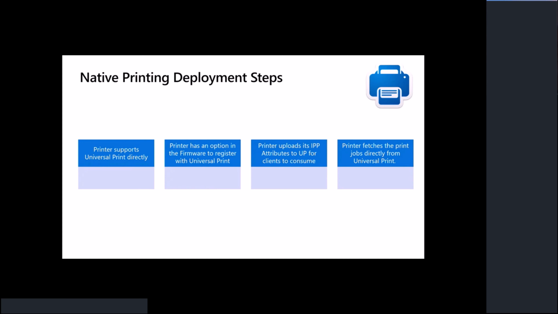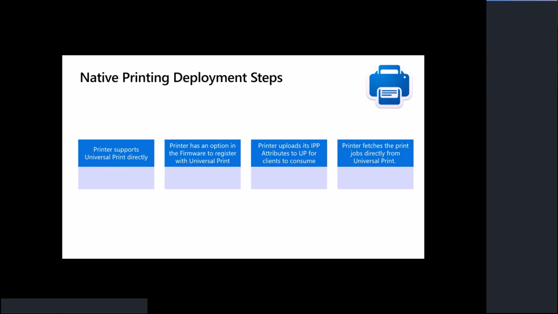So the first time you need to be a global admin typically to install that app, but subsequent printers, since the app is already installed, can typically be a print administrator or print technician role. But at that point, your printer then gets registered with Azure and with Universal Print.